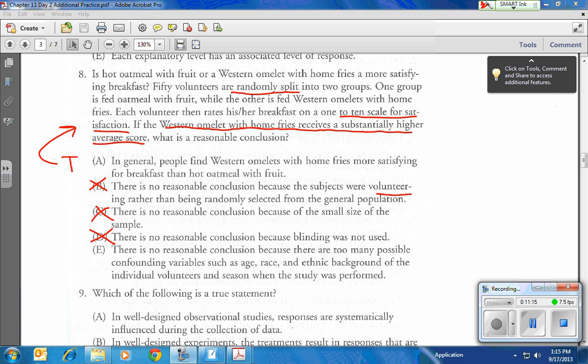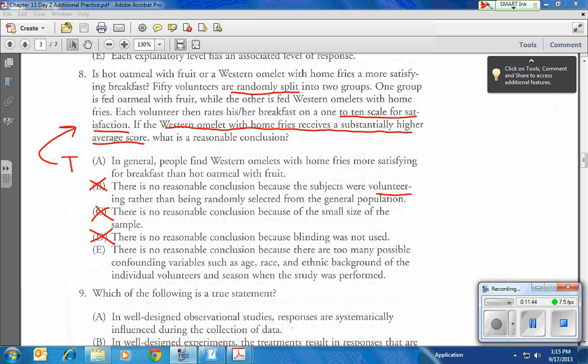E. There is no reasonable conclusion because there are too many possible confounding variables, such as age, race, ethnic background of the individual volunteer, and season when the study was performed. Is that true? We have volunteers, and each person has a different age, race, ethnic background.